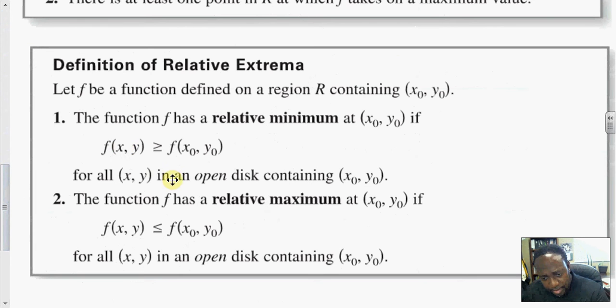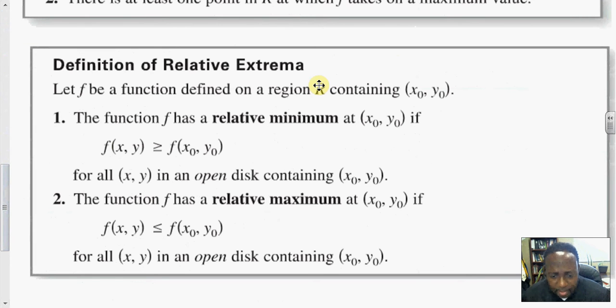Here that region is defined as an open disk. So R is said to contain an open disk, just a ball or a sphere, if you will, with some radius delta.